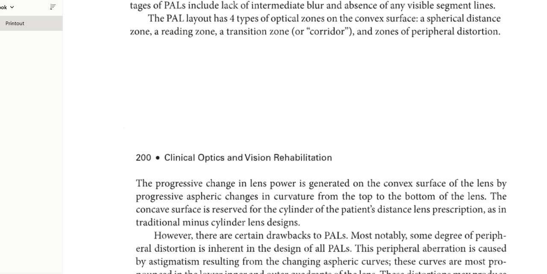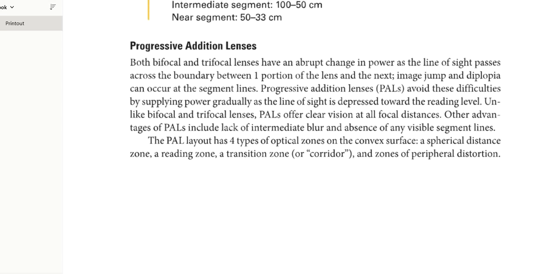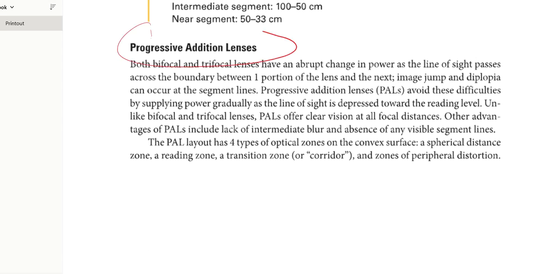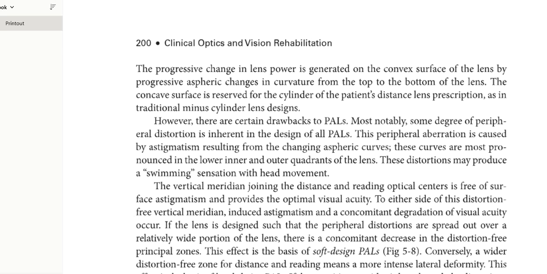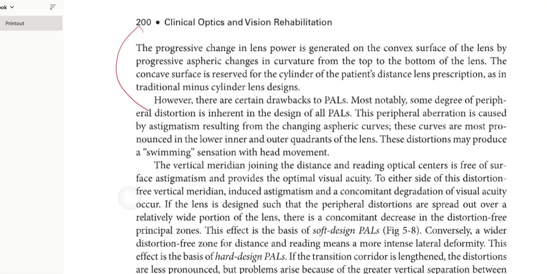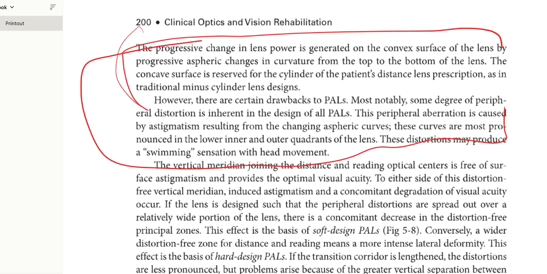Progressive addition lenses is important. Okay. These two paragraphs are very important. Remember the swimming sensations with progressive lenses.